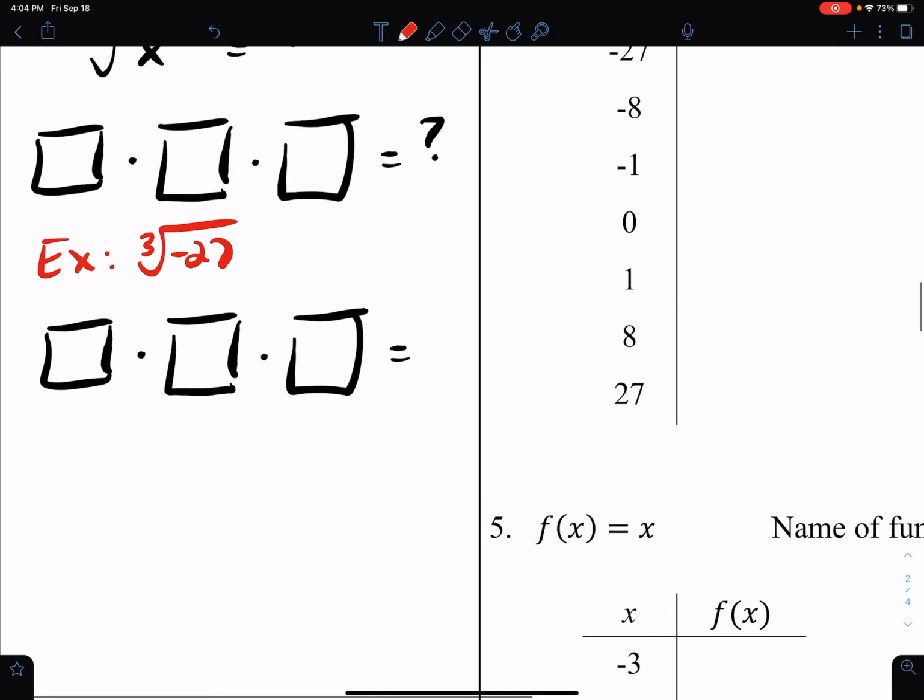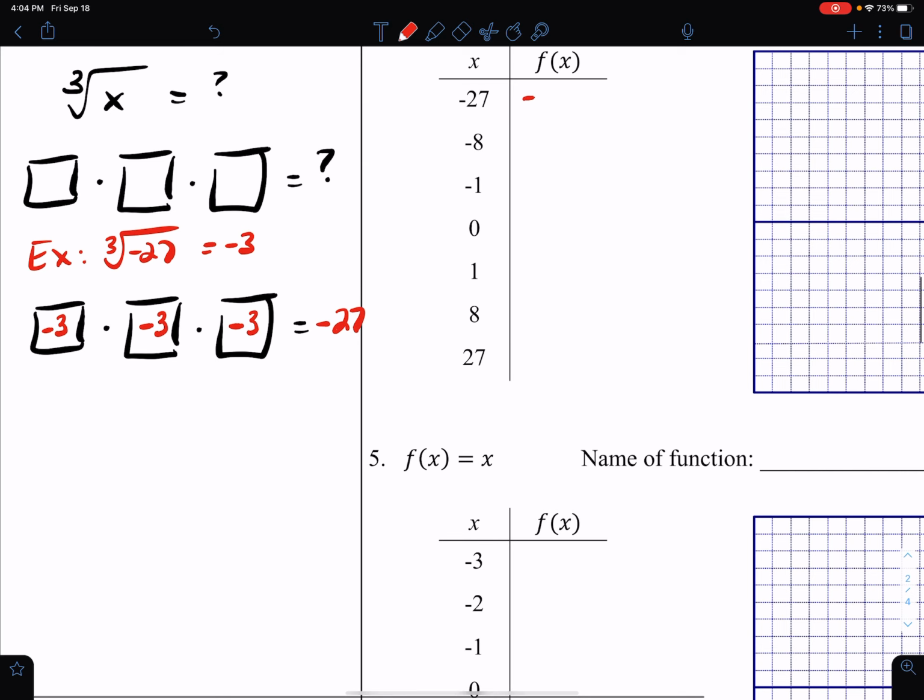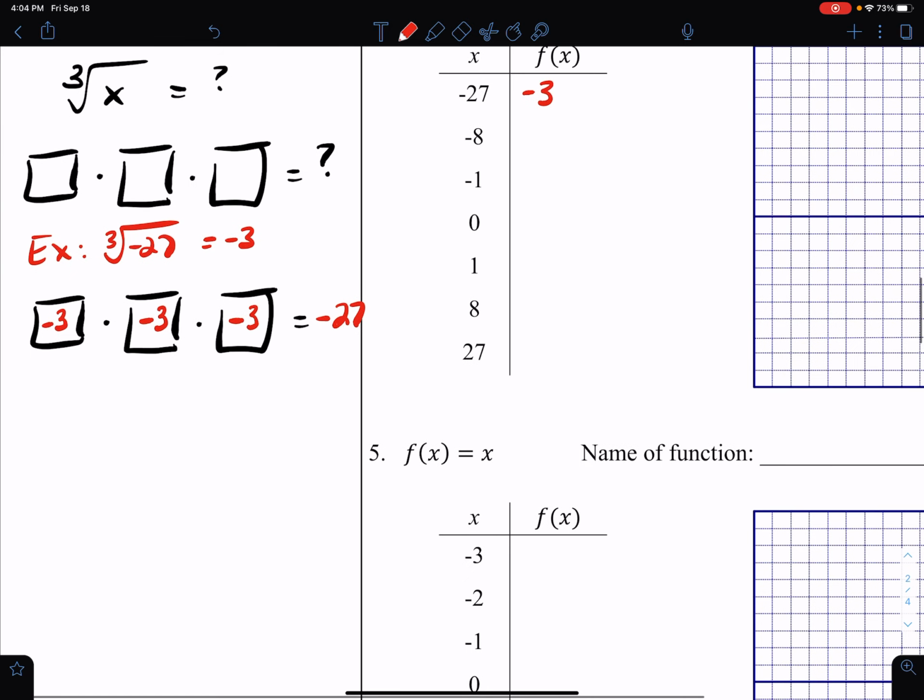If I had to multiply something 3 times in a row to get a negative, I know it'd be 3 negatives in a row, because 3 negatives multiply together to be a negative. So what would I multiply by itself 3 times to get 27? Well, that's negative 3. So when we're working with the cubed roots, we can use negative numbers.